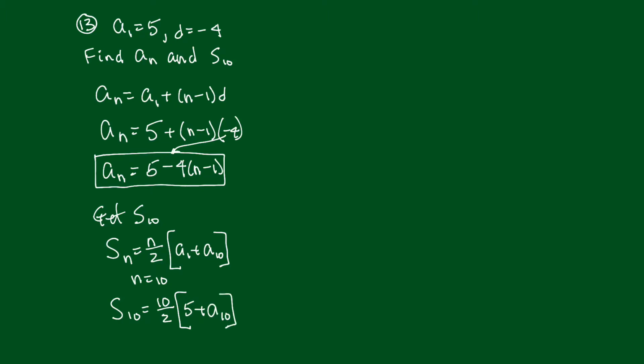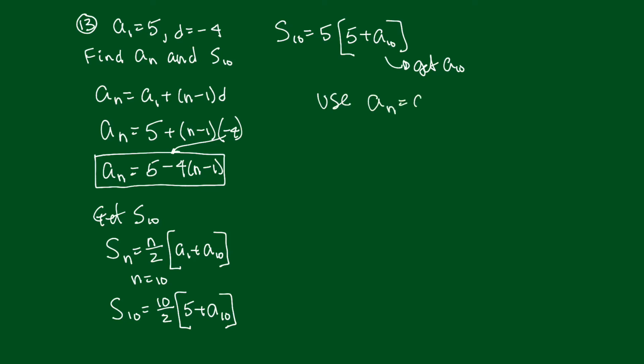Okay, so we're close. I'm going to go up to the top here and do this. S sub 10 is equal to 10 over 2, which is 5, times 5 plus a sub 10. Okay, so we need to get a sub 10. Now that's an a, so we're going to use the a formula. So I'm going to go back here and use a sub n equals a1 plus n minus 1 times d.